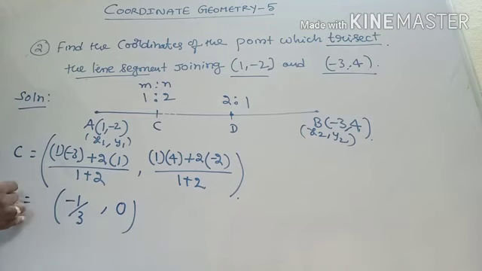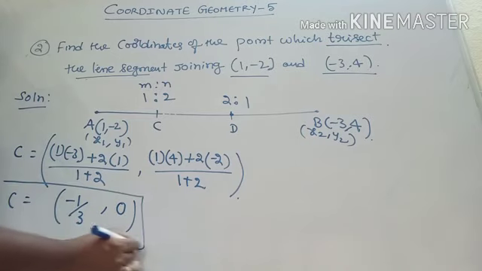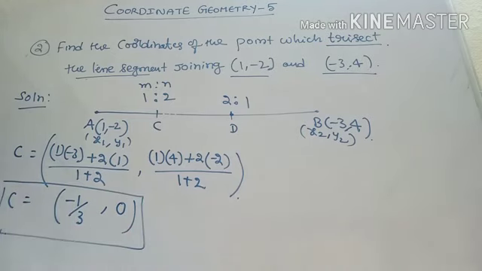Therefore, one point of trisection, the coordinates of C, we have got as (-1/3, 0).